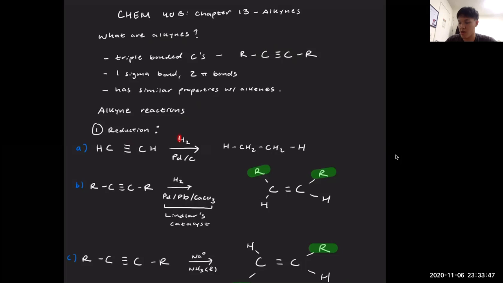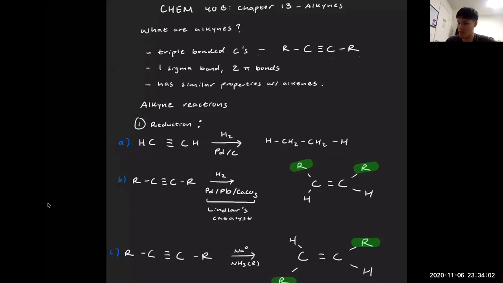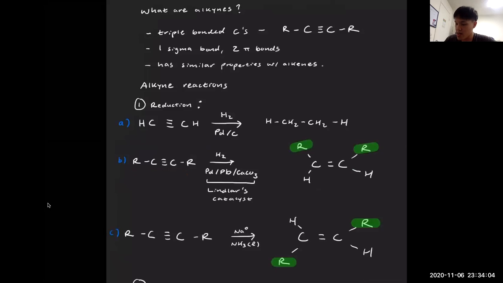So this is just a reaction that you need to remember, but it's very similar to alkenes. And then in the next one, we have an alkyne again, but this time we're going to be reacting it with something different. This is called Lindlar's catalyst.